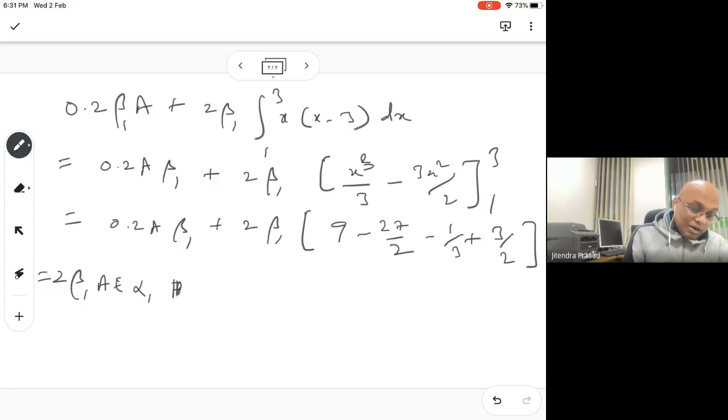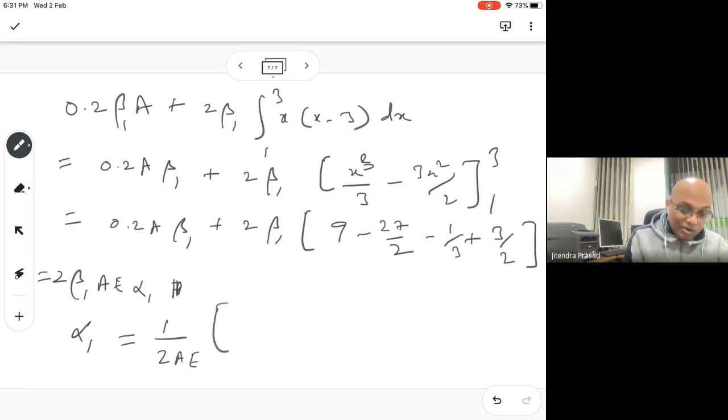Okay, so if you compare, you have the beta 1, and beta 1 is again arbitrary because W is being expressed in terms of beta 1. So we simply have alpha 1, right? I mean, beta 1 we cancel out, we get alpha 1. We can find out alpha 1 from here. So alpha 1 becomes equal to 1 over 2AE, right?